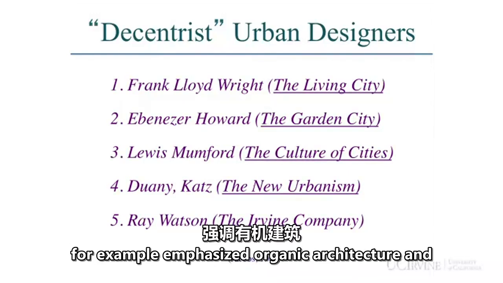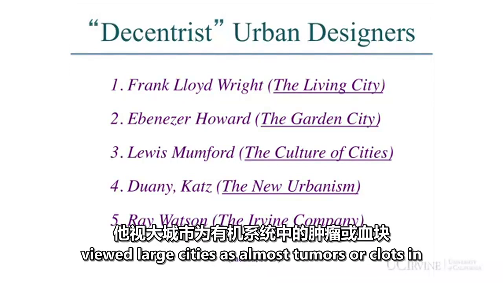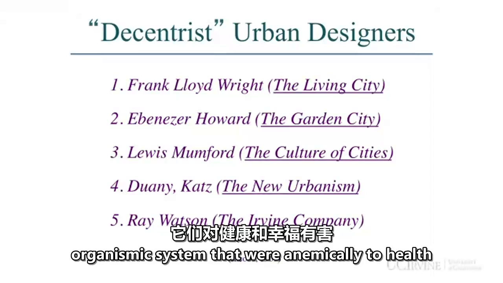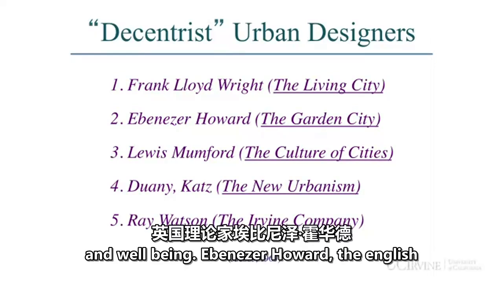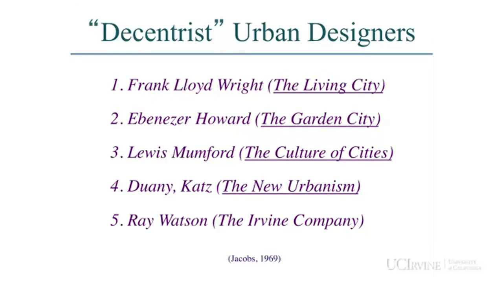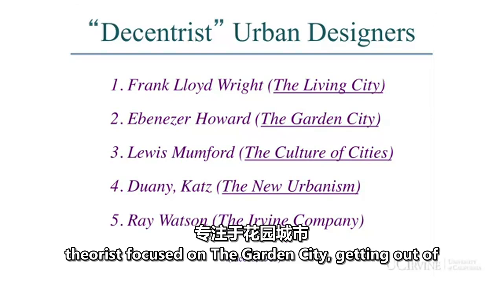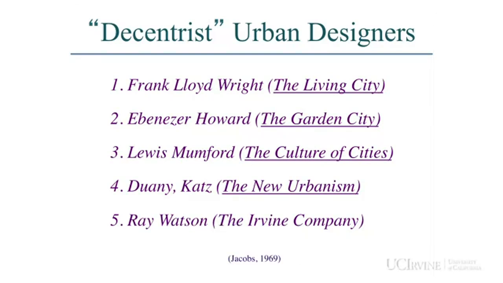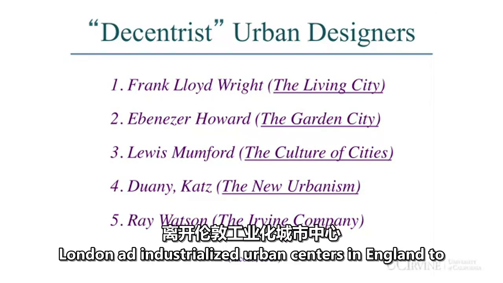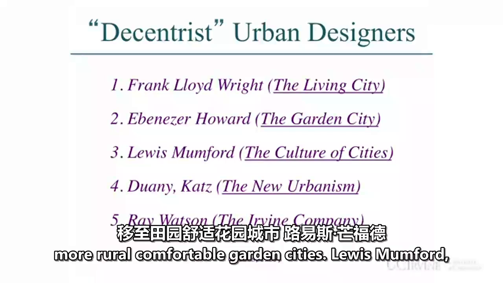Frank Lloyd Wright, for example, emphasized organic architecture and viewed large cities as almost tumors or clots in an organismic system that were inimical to health and well-being. Ebenezer Howard, the English theorist, focused on the garden city, getting out of London and industrialized urban centers in England to more rural, comfortable garden cities.